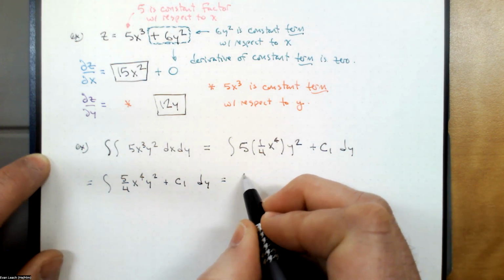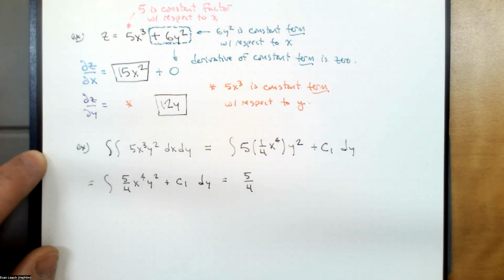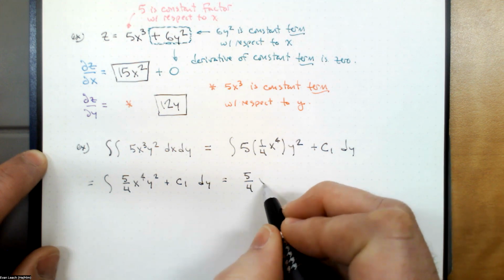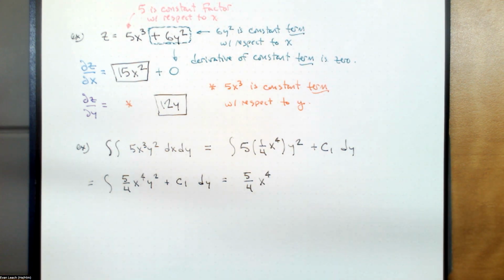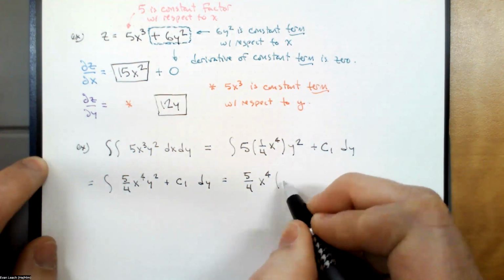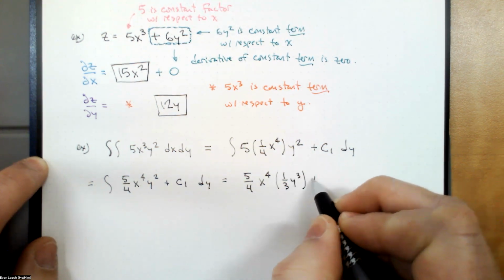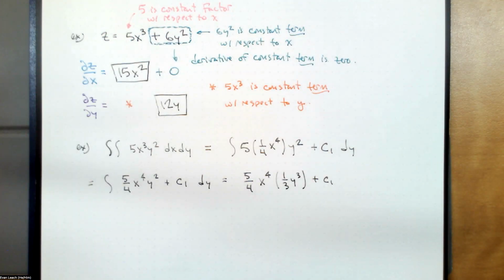Slow is smooth and smooth is fast. 5/4, that's a constant factor, so we're going to carry it. X to the 4th with respect to y, that's a constant factor. We're going to carry it. What's the integral of y squared with respect to y? 1/3 y cubed. What's the integral of this constant C1 with respect to y? Just multiply by y. Whatever that constant is, just multiply by y.